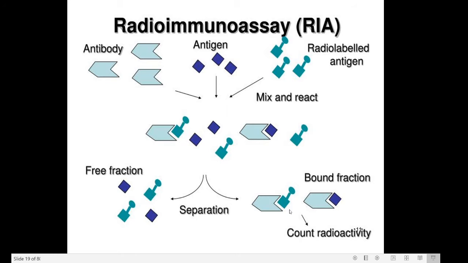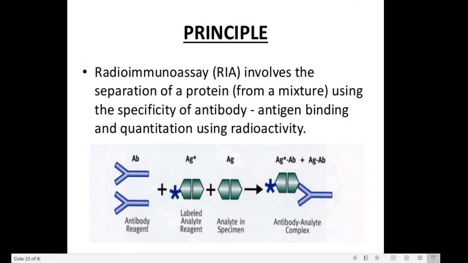Here, after the bound fraction collection, we understand the immunoassay with color change. Here is the principle: it uses antigen antibody binding. Based on the antigen antibody binding, we can quantify the amount of antigen antibody interaction.